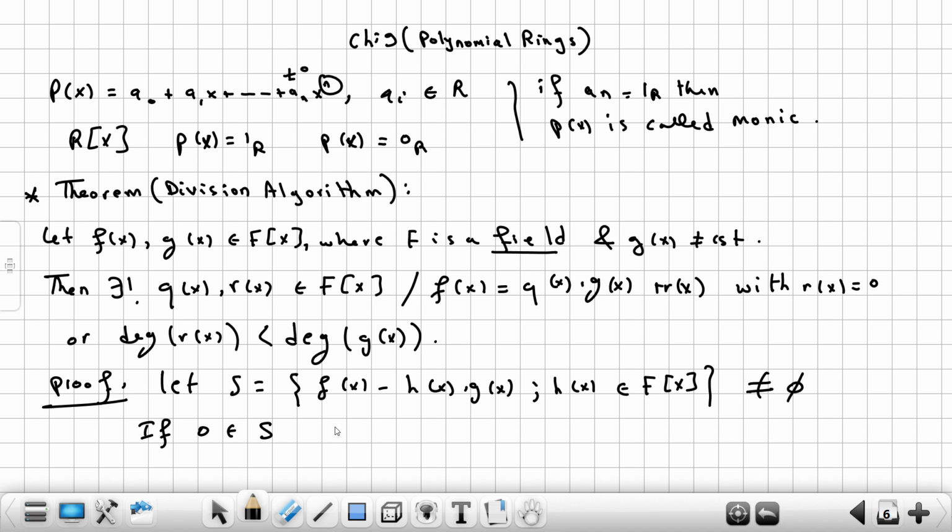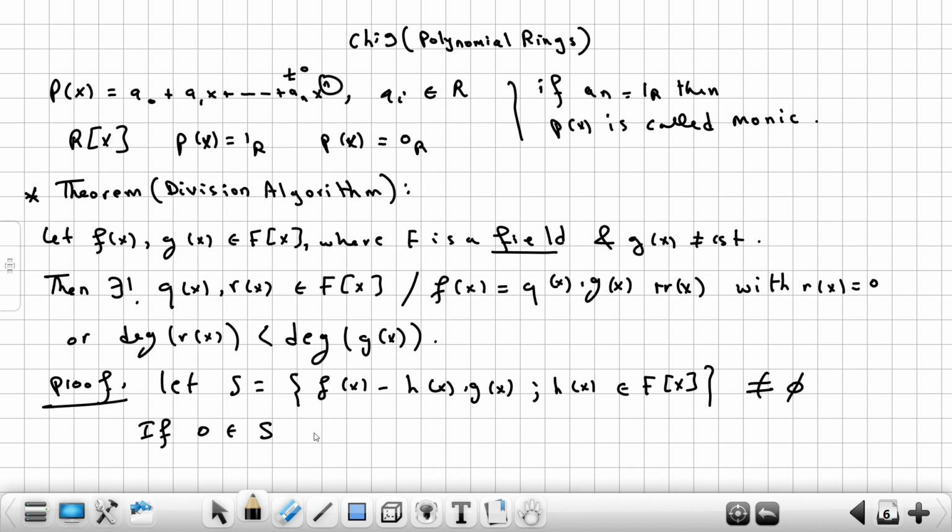Why? Since we could write f of x equal to h of x dot g of x for some h in F of x, and we take h of x as q, we call h of x a q, and the remainder r of x is equal to 0. By the way, r of x is called the remainder polynomial, and q of x is called the quotient polynomial, or the quotient of the division of f of x by the polynomial g of x in the ring of polynomials F of x.